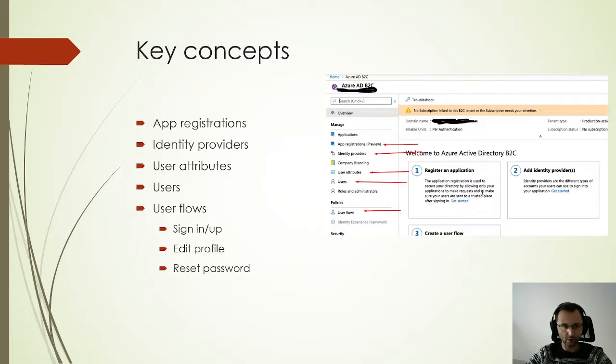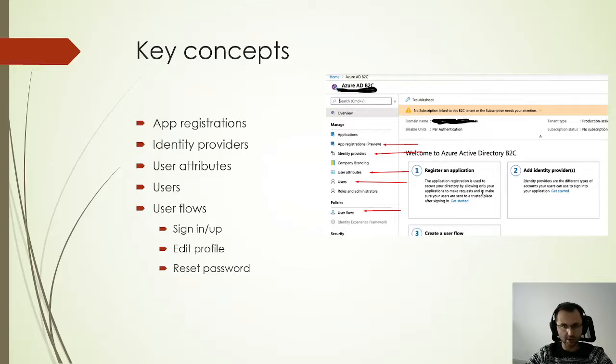Identity providers are all the providers that I've said earlier in the previous slide, that are Google, Facebook, Twitter, etc. For this to work, we need to have access there to grab some credentials, keys, and integrate this B2C tenant with that identity provider. We have user attributes.